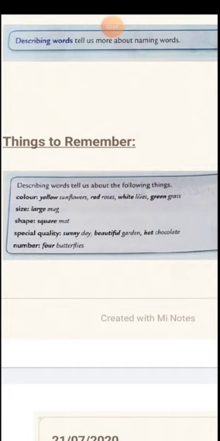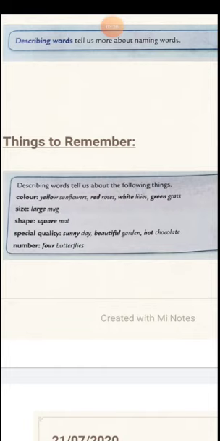Now, when I say sunflowers, what comes to your mind? If I ask you, tell me more about this sunflower, what comes to your mind? The color, yes, and the special quality of this flower. So, how do you say the color is yellow? The sunflower's color is yellow.